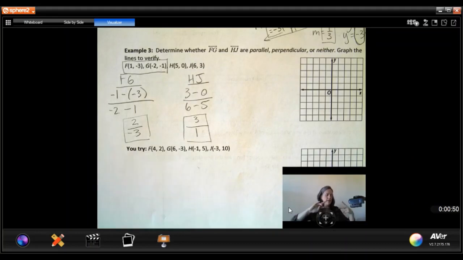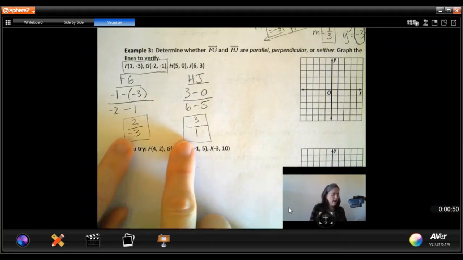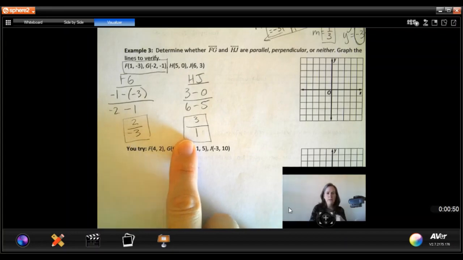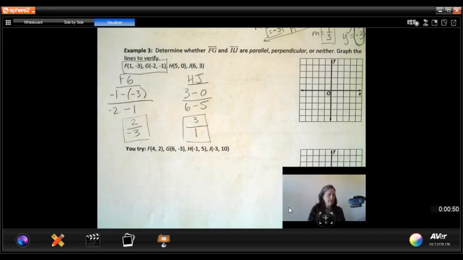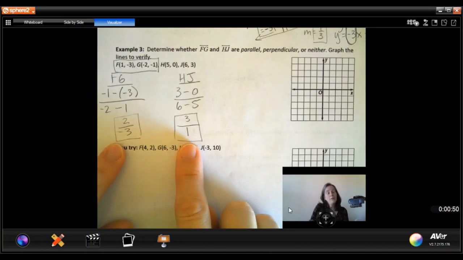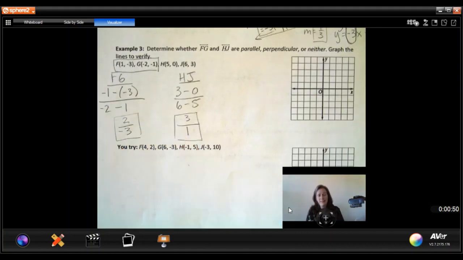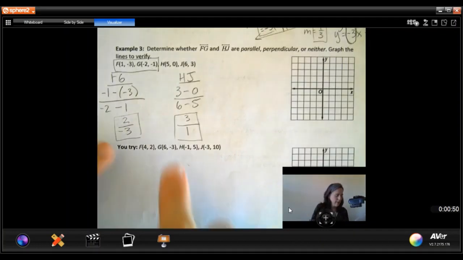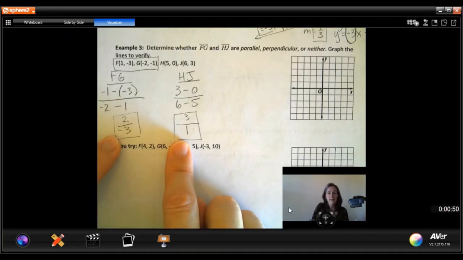All right, so we have to stop and say, well, first of all, they are opposite signs. This guy's negative and this one's positive. Are they parallel? Do they match exactly? No, we rule that one out immediately. Those do not match. And then we look at perpendicular. One's positive, one's negative.